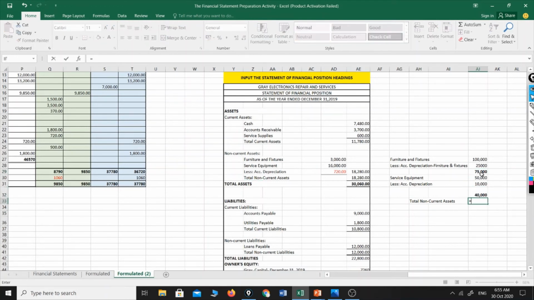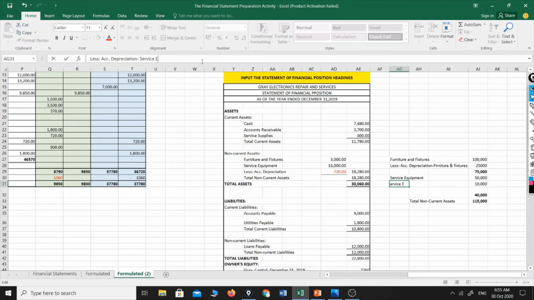So our total non-current asset is 115,000. Again, this is done if the recording of accumulated depreciation is specific.